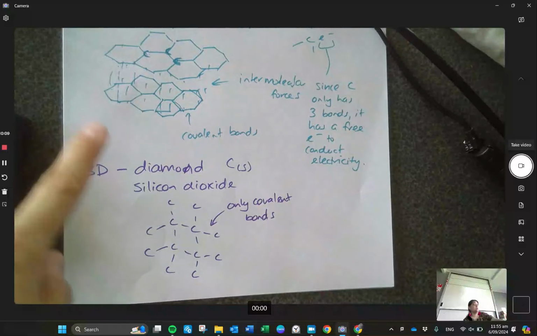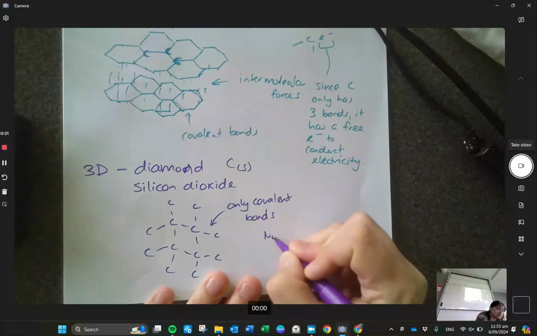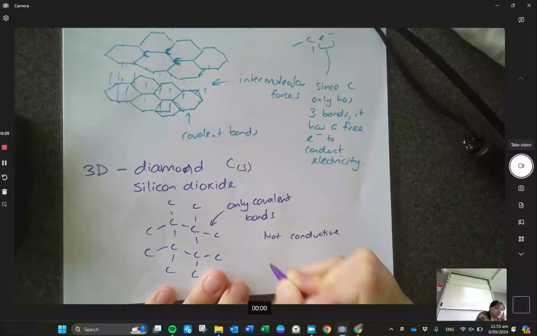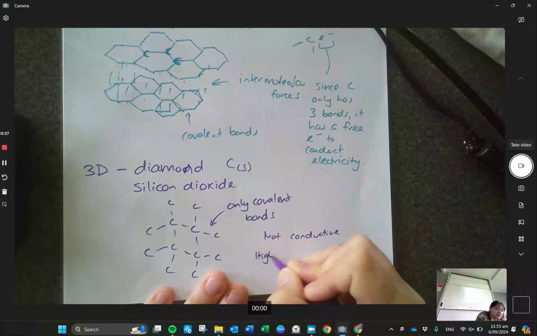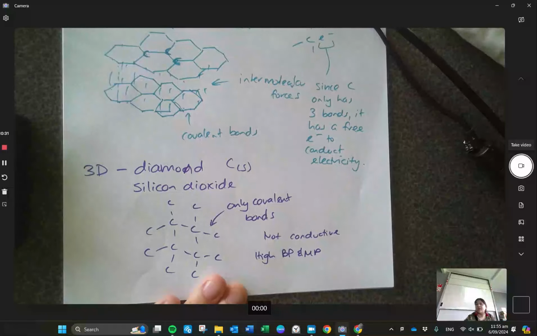Both of these will have high melting and boiling points. That's the distinguishing factor. This one, however, because we now have 4 bonds to that carbon, has lost its electrical conductivity. So this one's not conductive. But it does have a high boiling point and melting point. And same thing with our graphite.